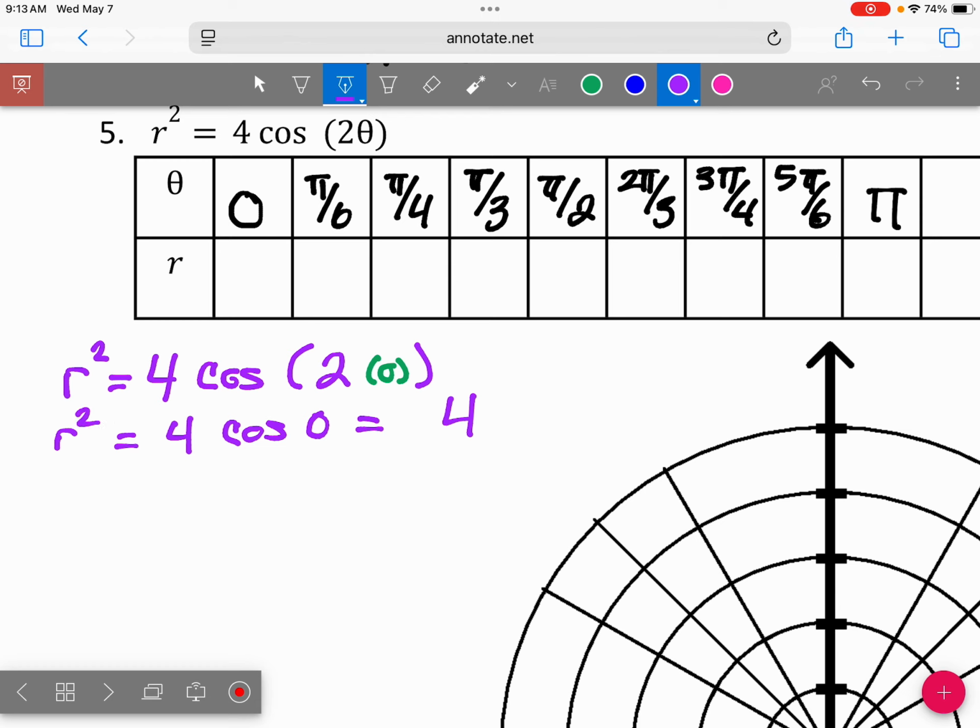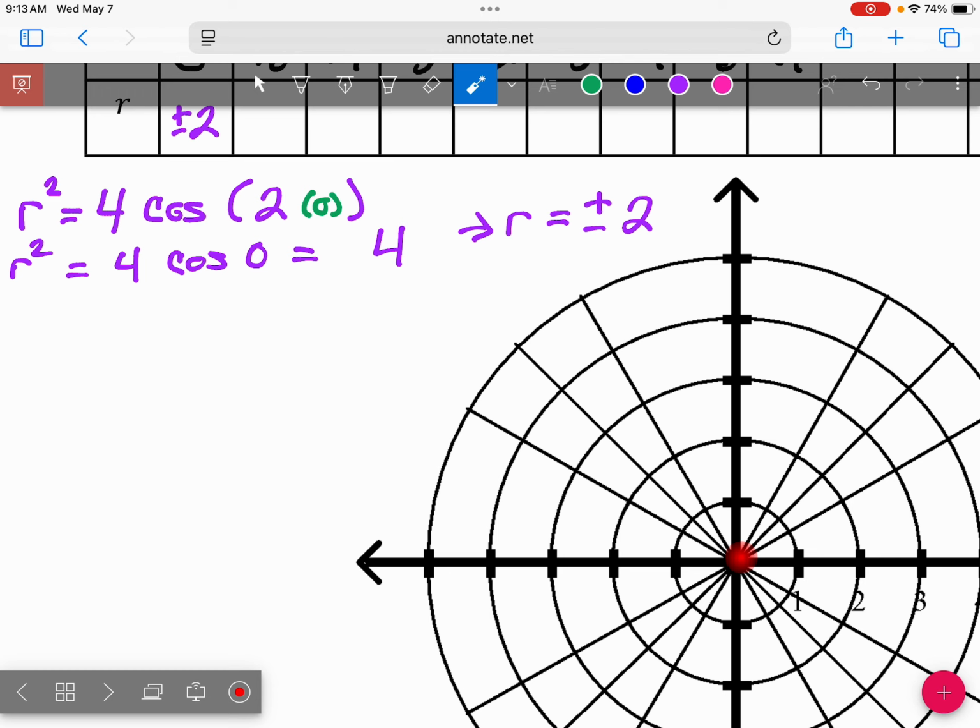So what's r? Positive or negative 2, plus or minus 2. So that means for angle 0, we have a point at positive 2 for a radius and a point at negative 2 for a radius.